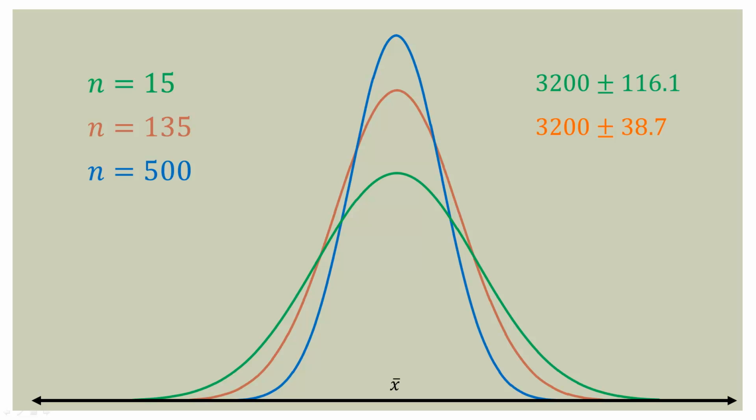So again, you can see how the orange distribution is in closer to the mean, because we went from plus or minus 116.1 to plus or minus 38.7. And then for the sample size of 500, it's even closer in. So that's plus or minus 20.1. So again, each curve is getting in closer and closer and closer to the mean.